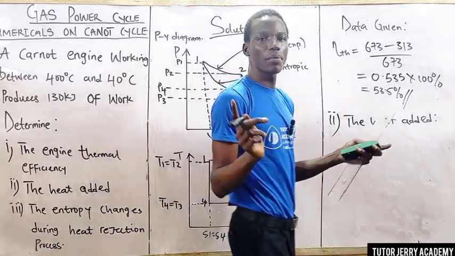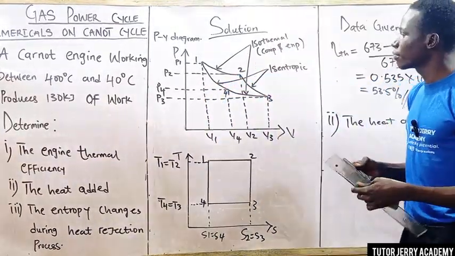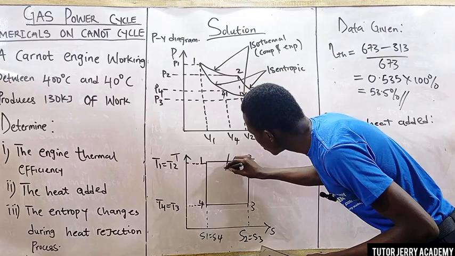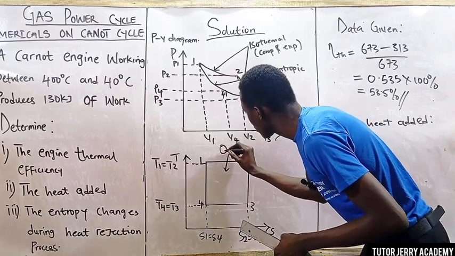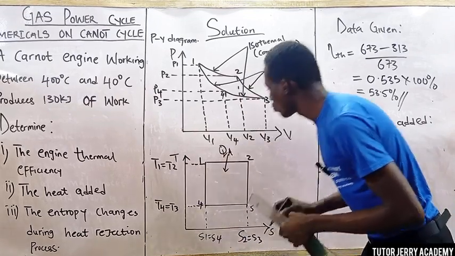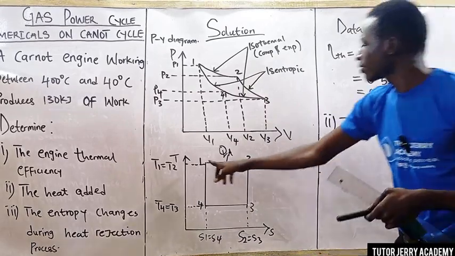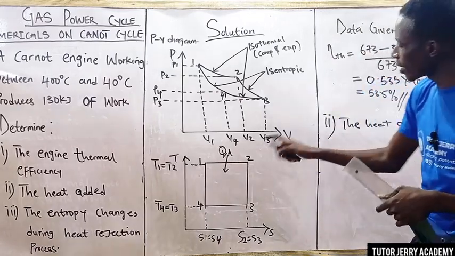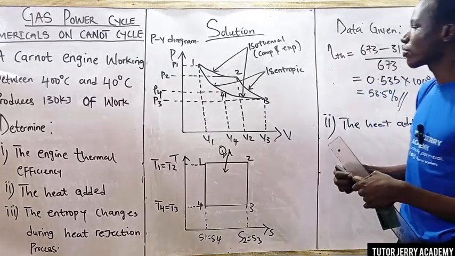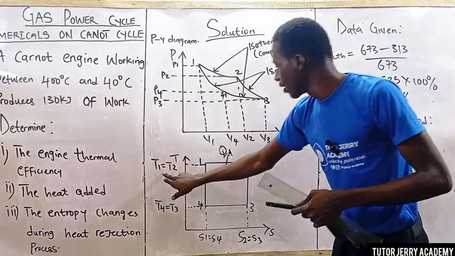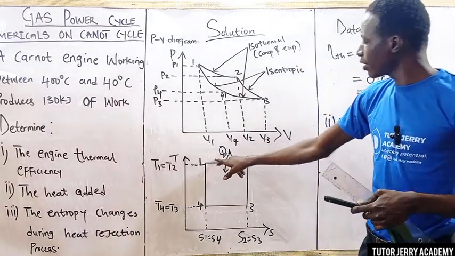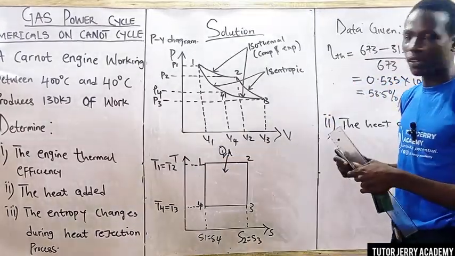Now, make no mistake, at this point we are having heat addition. I can say QA to be heat addition. The temperature of heat addition is not the same as the heat addition, because in most cases people mistake the temperature of the heat added to be equal to the heat added. Of course, they are not the same.